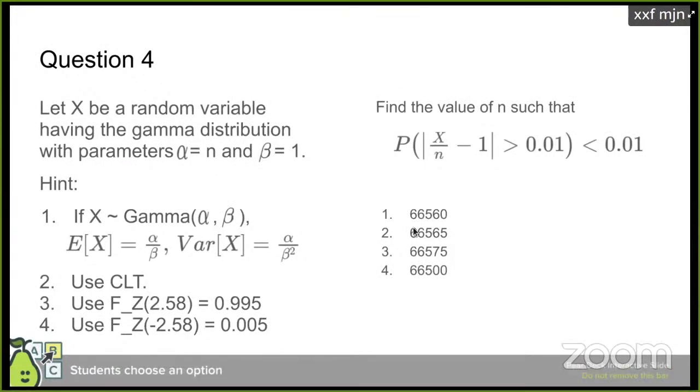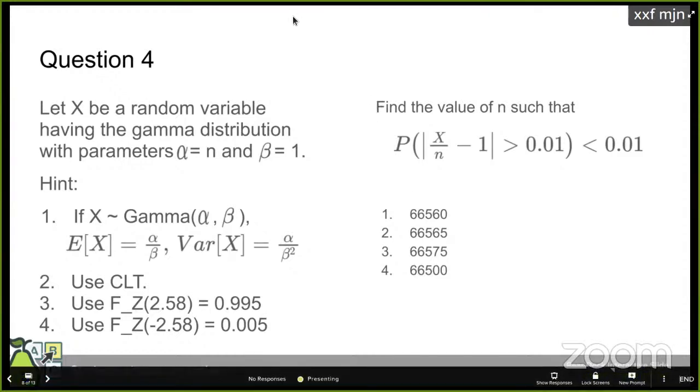If X is gamma alpha comma beta, that information you know now. Now we have to find the value of n such that the probability that mod of X by n minus 1 greater than 0.01 is less than 0.01. So you have to convert this problem into the CLT problem and find the value of n here. So take some time and try to solve this.